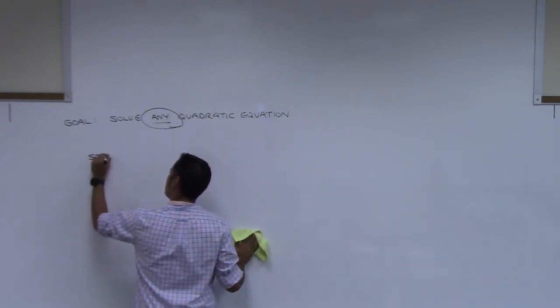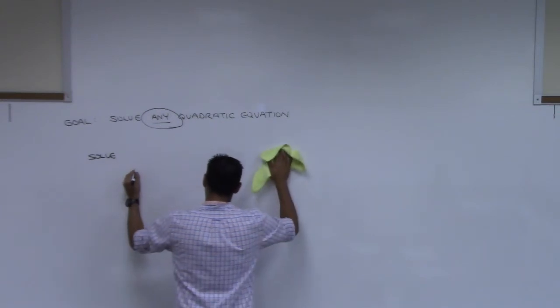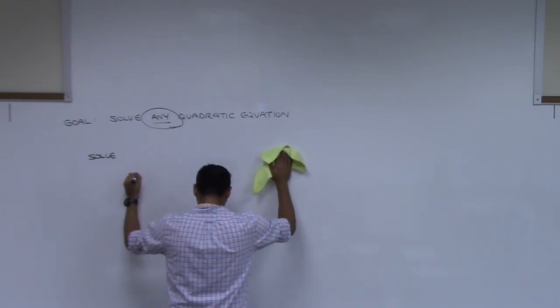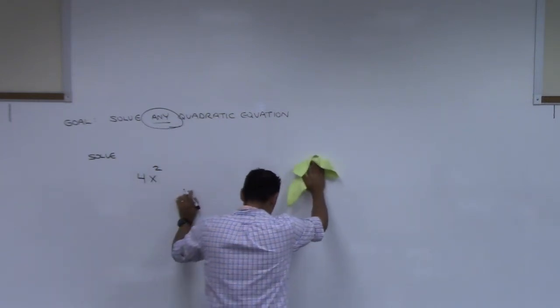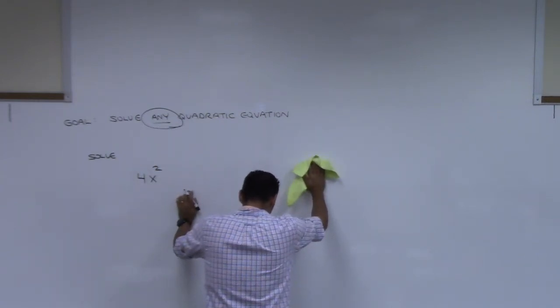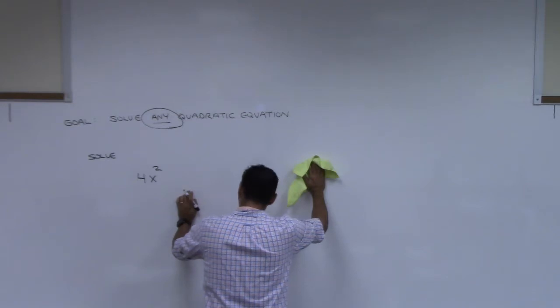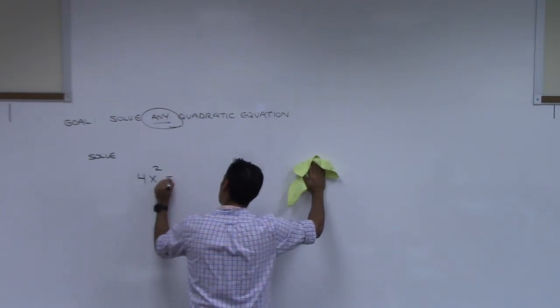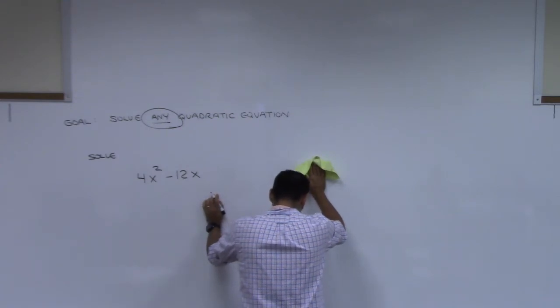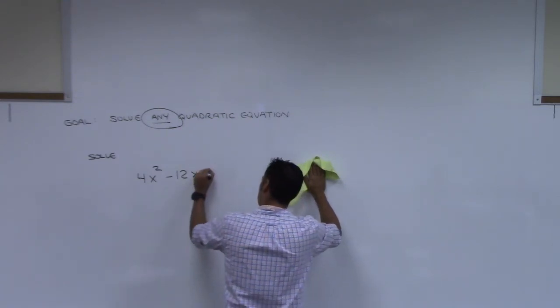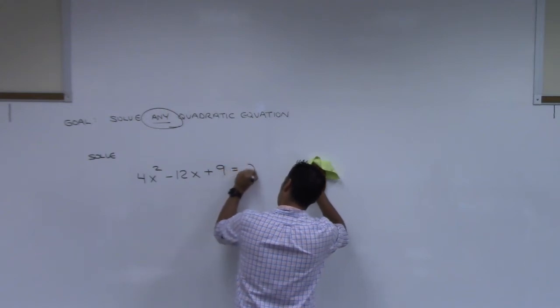Solve four x squared minus 12x plus 9 equals 0.